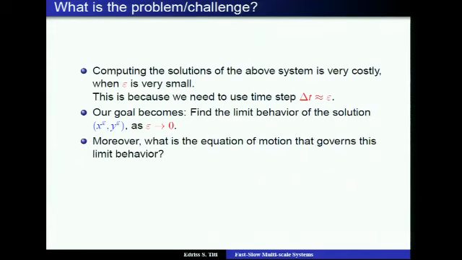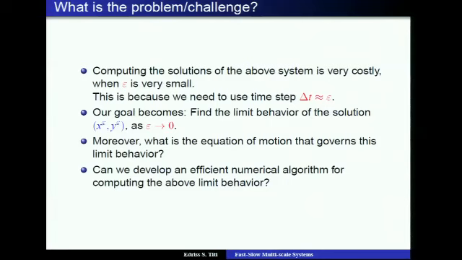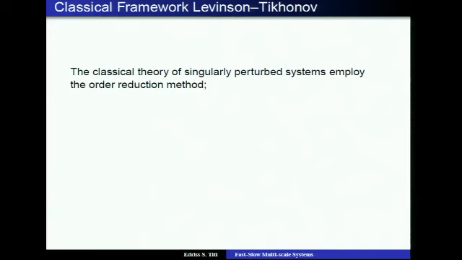And moreover, what is the equation of motion that governs the limit? Because if I find an equation of motion for the limit, I don't have epsilon anymore at hand, and then I can approximate the solution x epsilon, y epsilon by the solution of the limit equation, because there's no more epsilon, there's no more scale. So can we even develop efficient numerical schemes or algorithms for computing the above limit behavior?